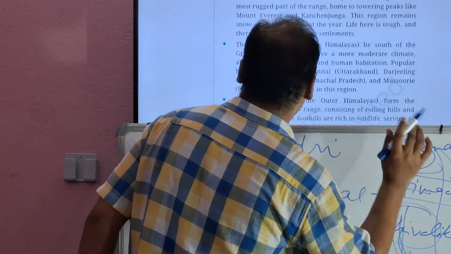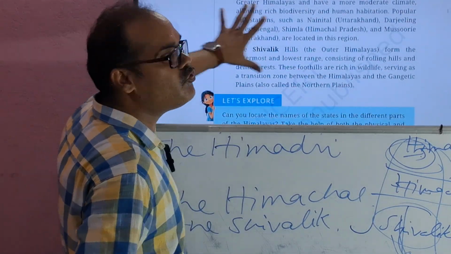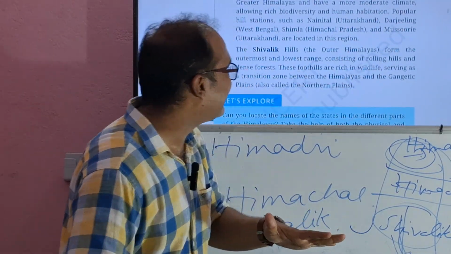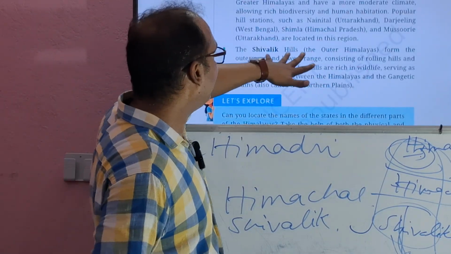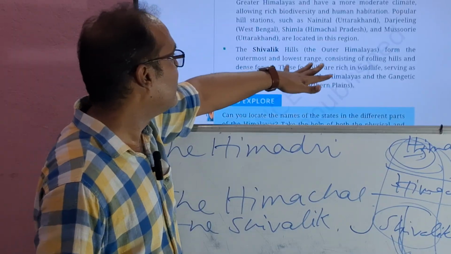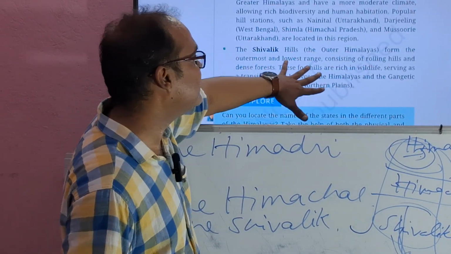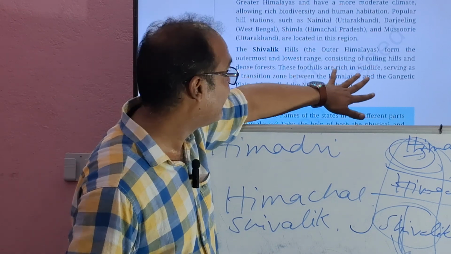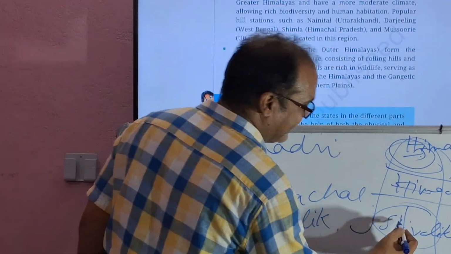So Himachal here. Then we have Shivalik, we call it the outer Himalayas, and it gets connected with the northern plains. See here, the Shivalik hills, the outer Himalayas, form the outermost and lowest range, consisting of rolling hills and dense forest. These foothills are rich in wildlife, serving as a transition zone between the Himalayas and the Gangetic plain.